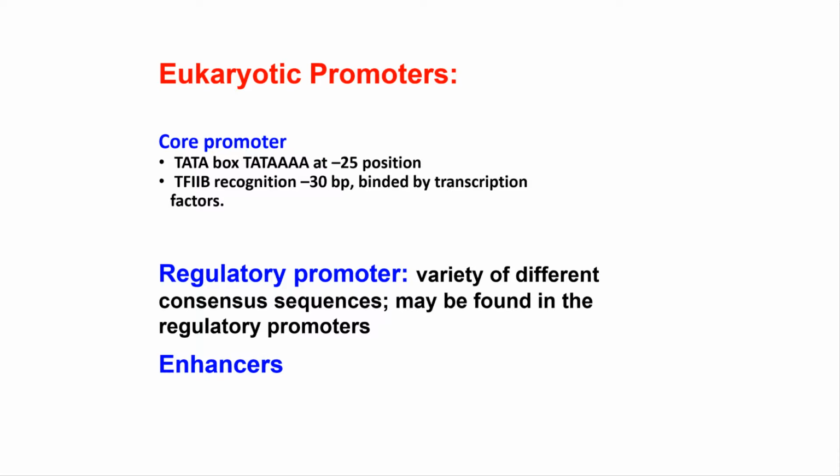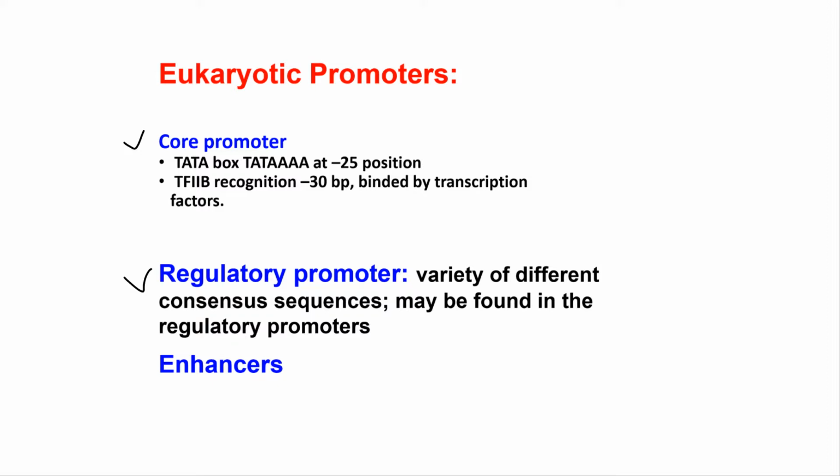Here we will focus predominantly on RNA polymerase II, which transcribes genes that encode proteins, and the promoter for a gene transcribed by this polymerase consists primarily of two parts: the core promoter and the regulatory promoter. The core promoter is the place where the basal transcription apparatus and RNA polymerase assemble.